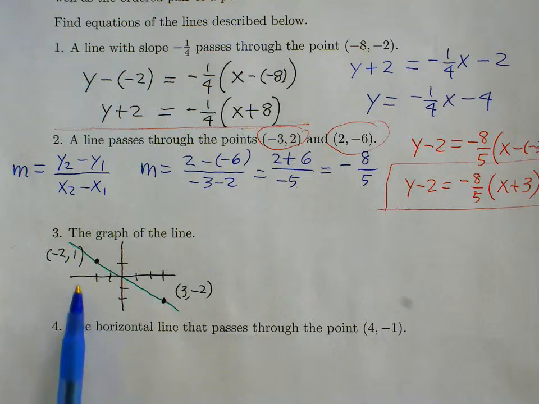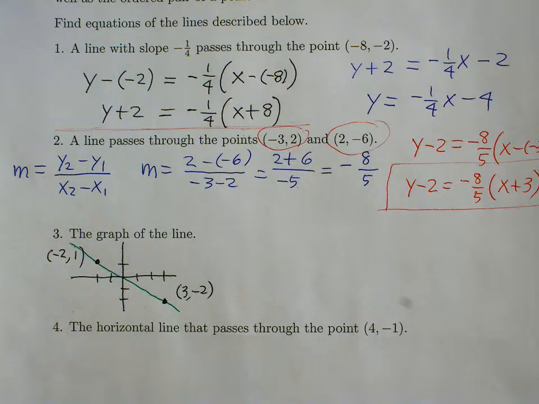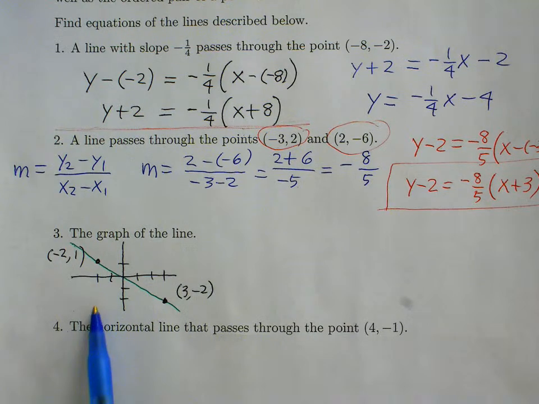You can find the slope by going from one point to the other using rise over run. So let's see, I'm going downhill from left to right, so I'm expecting the slope to be negative. So from this point to that one, I have a rise of -1, 2, 3.